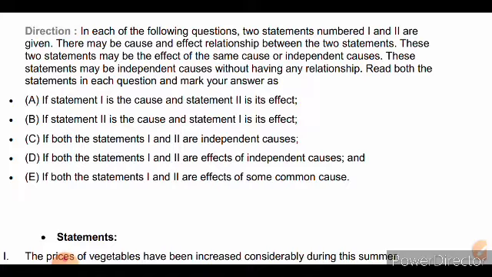Read both the statements in each question and mark your answer as A if statement 1 is the cause and statement 2 is its effect, B if statement 2 is the cause and statement 1 is its effect, C if both the statements 1 and 2 are independent causes, D if both the statements 1 and 2 are effects of independent causes, and E if both the statements 1 and 2 are effects of some common cause.